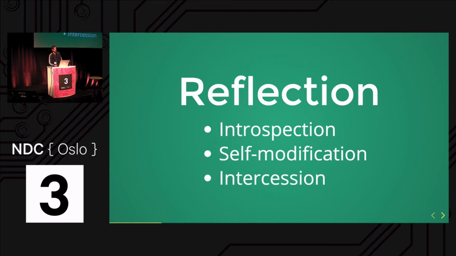And then there's this thing called intercession. Intercession, the definition of the word is acting on behalf of someone else or intervening with someone else. So intercession then means that it's code that can make decisions based on itself.